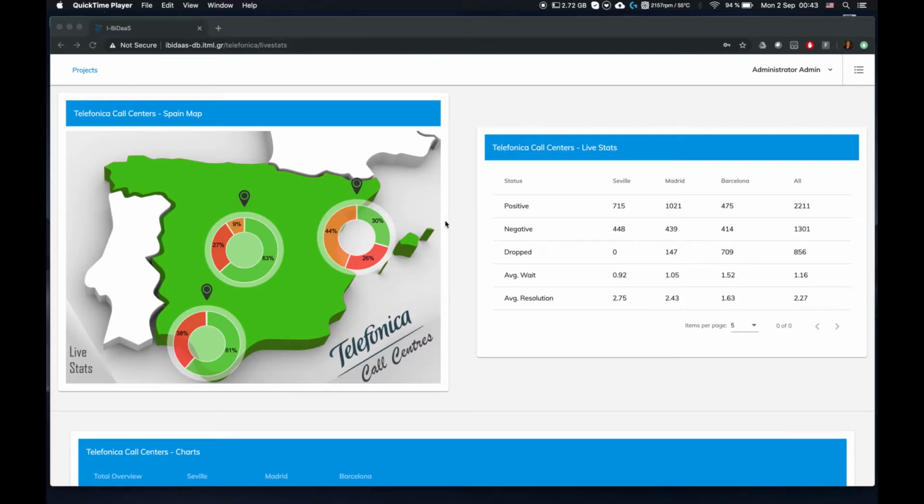This instantly indicates how well these call centers function and can bring to the attention of the supervisor if there is an urgent matter that needs attention.